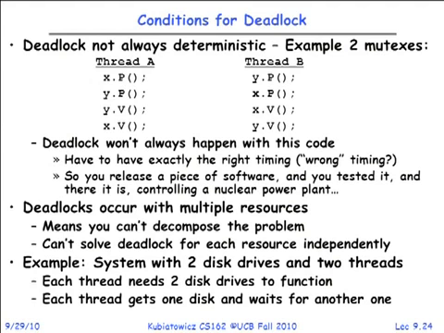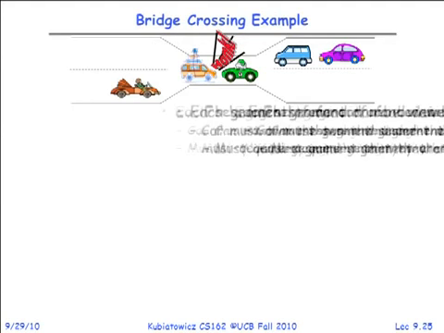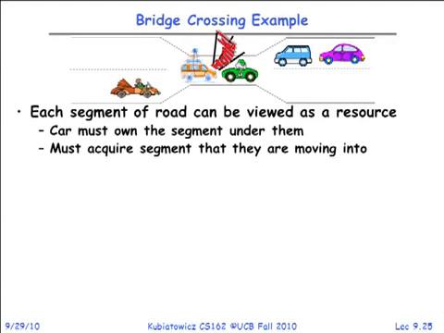What's going to happen? Well, it turns out this is actually a resource constraint, right? This van has got this chunk of resource, it needs this one. This car has got this chunk of resource, needs that one, and we've got our cycle again. So if you know where to look, you can see potential cycles everywhere. Here each segment of road is a resource. A car must own the segment under it, and must acquire the segment it's moving into.